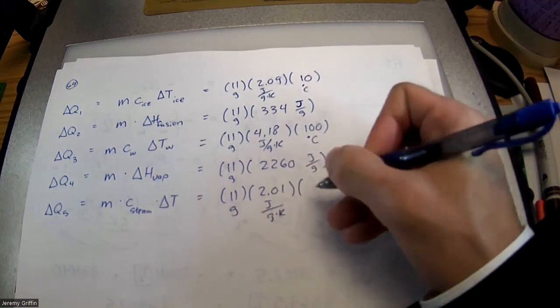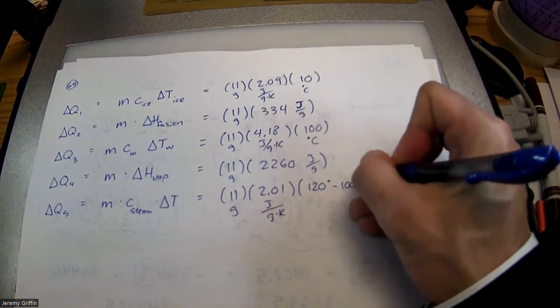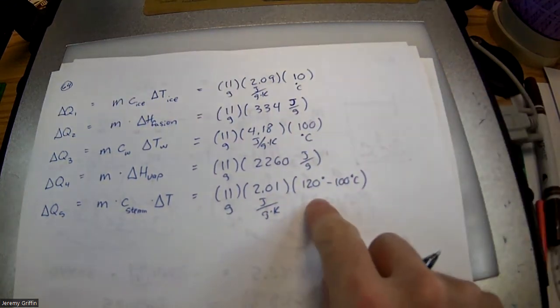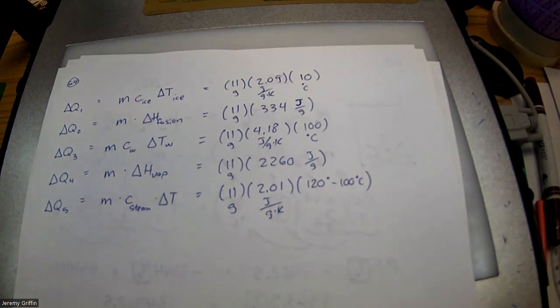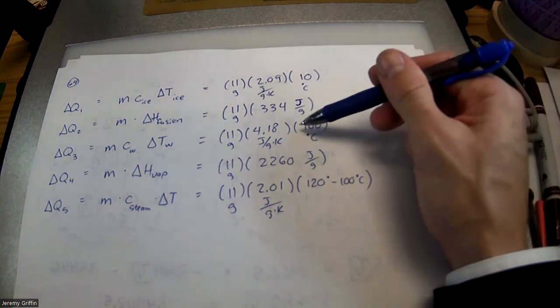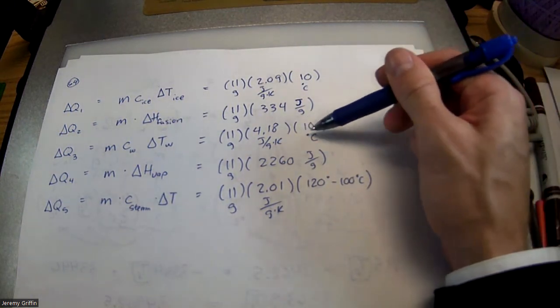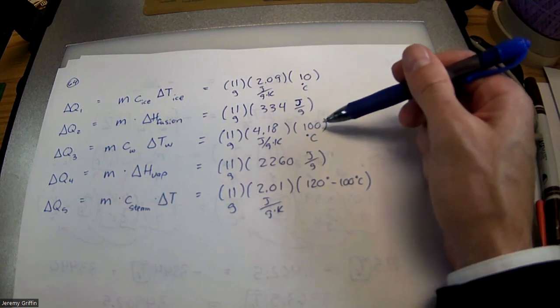And I'm bringing mine up to 120 degrees Celsius from 100 degrees Celsius. So that'd be a change of 20 degrees Celsius. On the third step, everybody has 100 here because you're going from 0 to 100 degrees Celsius, right?